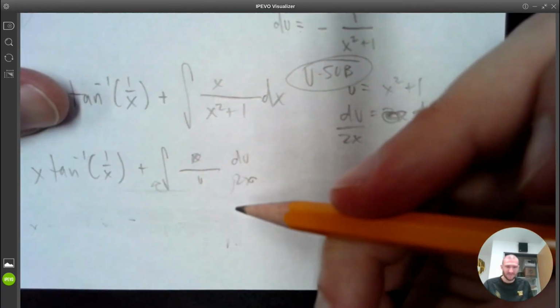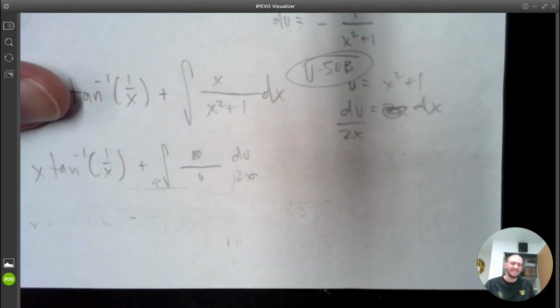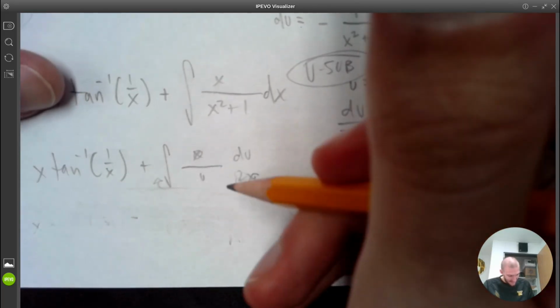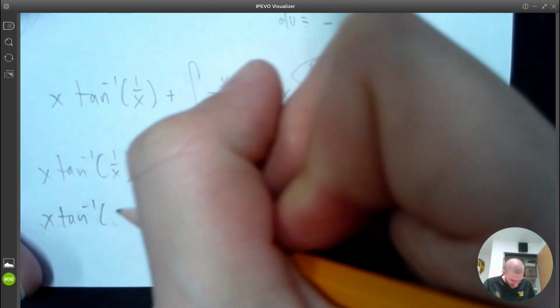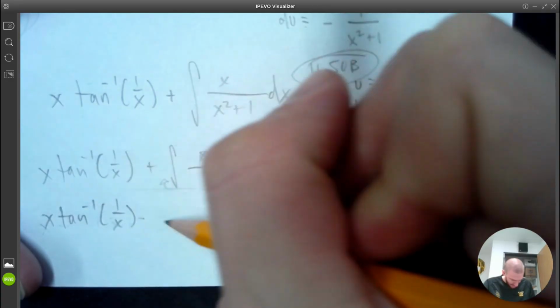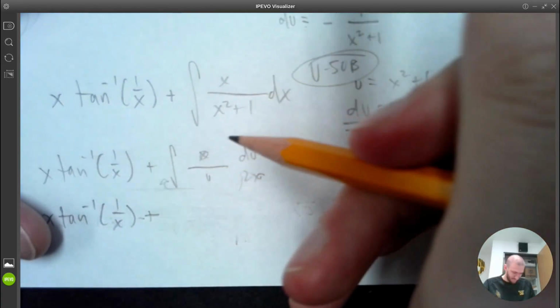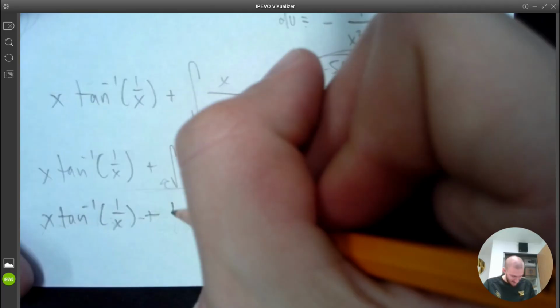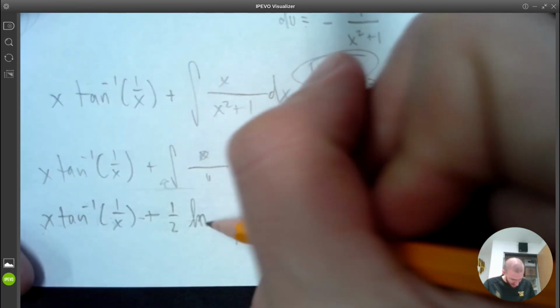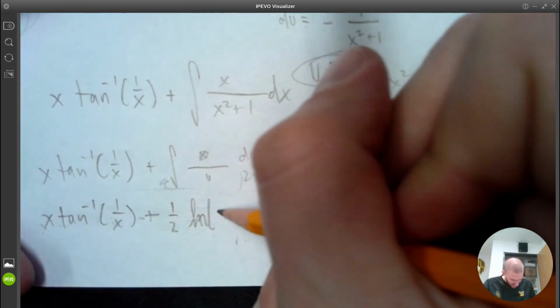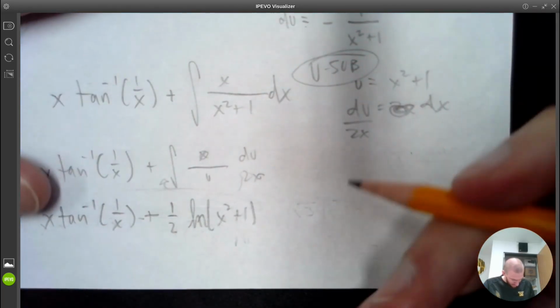The integral of 1 over u, not the derivative. Dang, amateur hour. Inverse tangent of 1 over x. The good news is the integral of 1 over u is easy. It's just the natural log of u, which is x squared plus 1.